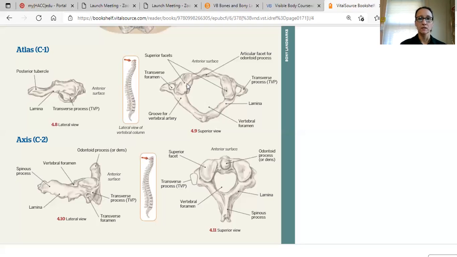It's lovely. So the axis allows you to do this. The atlas allows you to do this. So you can rock the skull on top of these superior facets. Okay. So just some interesting landmarks on the atlas and the axis that make them unique.